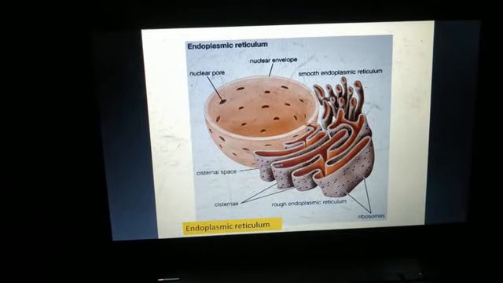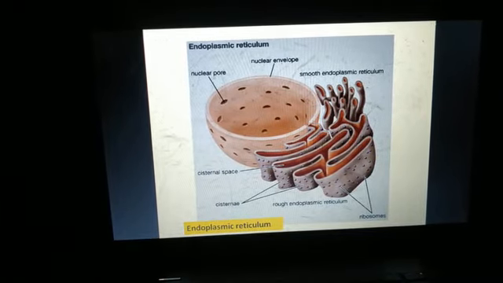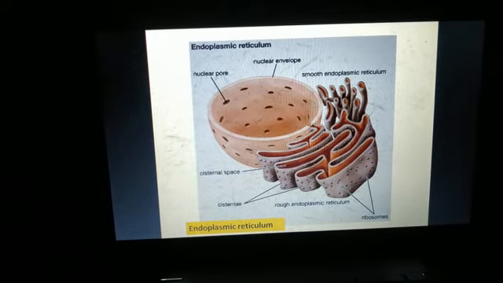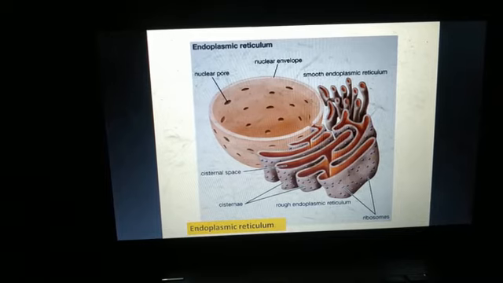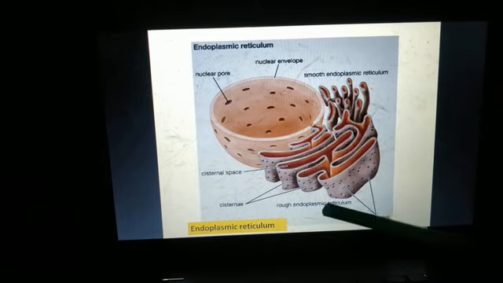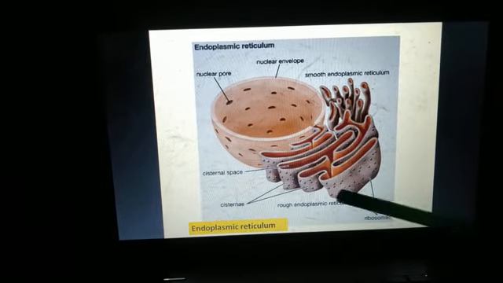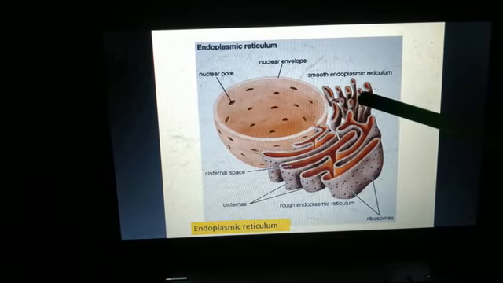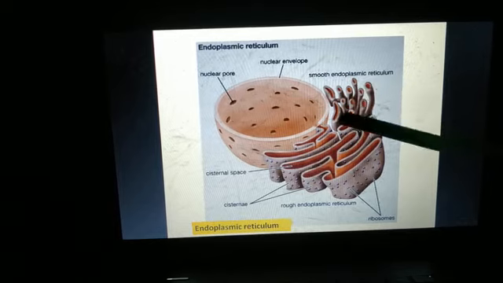Now on the basis of presence and absence of ribosomes, endoplasmic reticulum is divided into two types. The first one is rough endoplasmic reticulum, and the second one is smooth endoplasmic reticulum.